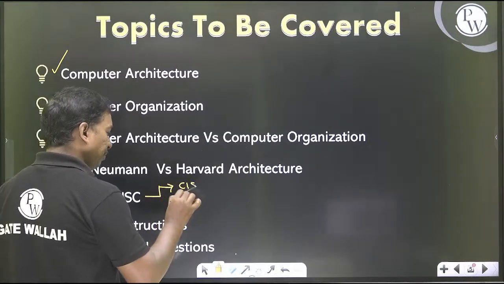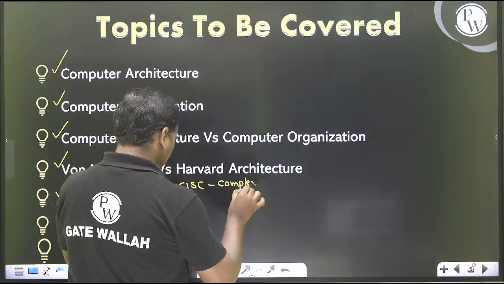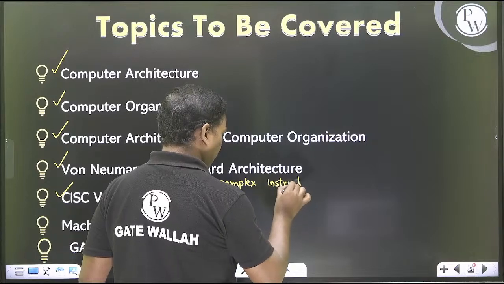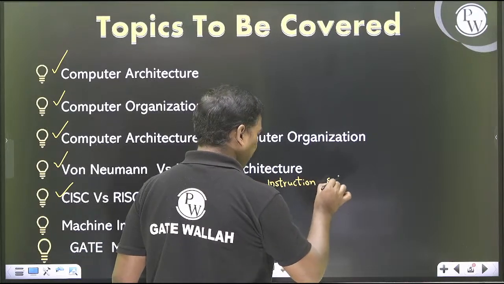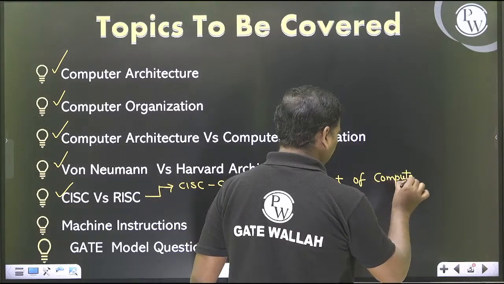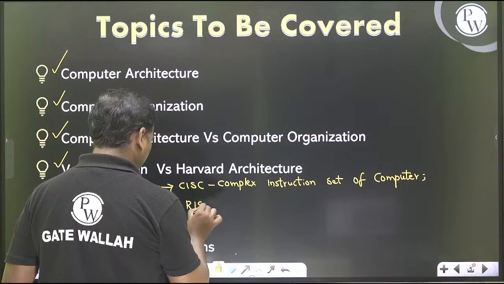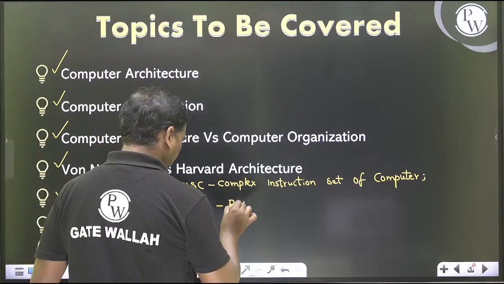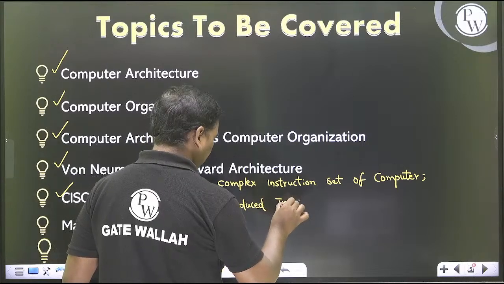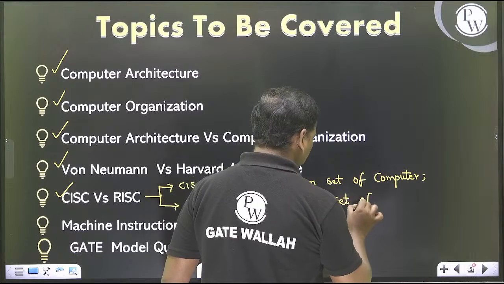CISC stands for complex instruction set of computer and RISC stands for reduced instruction set of computer.